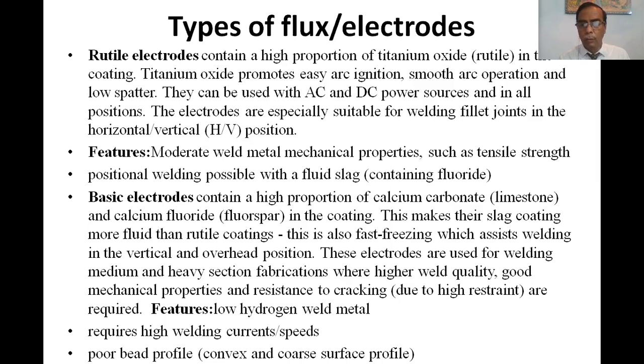These electrodes are used for welding medium and heavy section fabrications, where higher weld quality, good mechanical properties, and resistance to cracking are required. Features: low hydrogen weld metal, requires high welding current and speed, poor bead profile, convex or coarse surface profile.